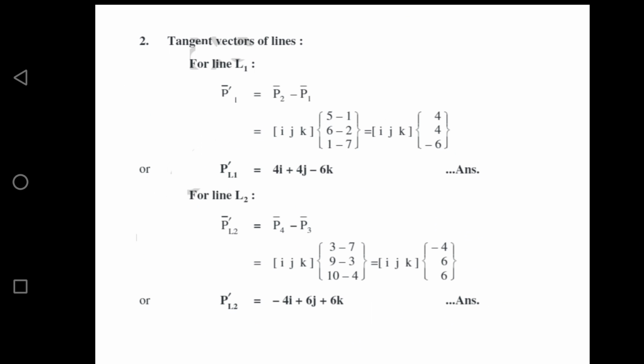The same thing for line L2, which is P4 bar minus P3 bar, equal to i, j, k into P4 bar minus P3 bar, which gives you the equation minus 4i plus 6j plus 6k. So this is the way you have to find out the tangent vectors for different lines. You just have to subtract two positional vectors of two different points to find the tangent vectors, nothing else. So we have solved the tangent vectors of the line.